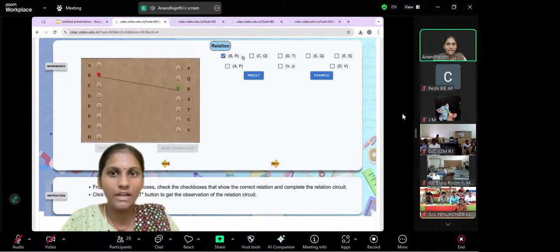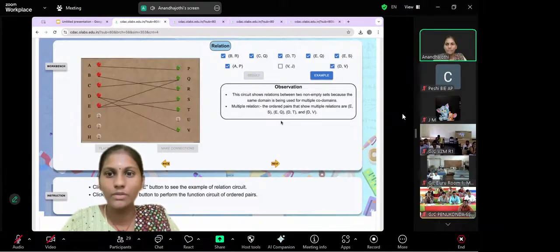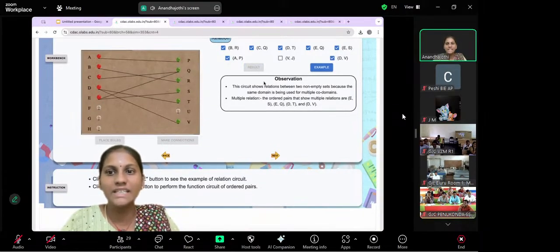So it is B and R, S, C and Q, D and T, E and Q, E and S, A and P. V and J is not here, D and B is here. Okay. When we get the result, it will explain every single thing.